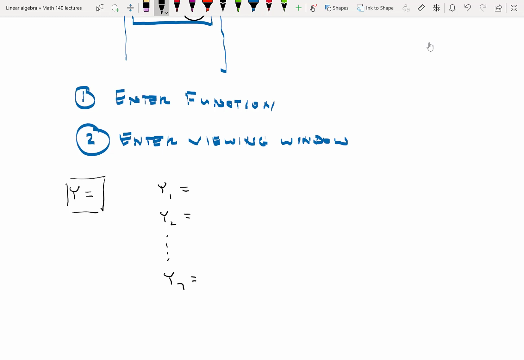So the cursor should be flashing over Y1. You push the sine button, and you need to enter x. There's a button that's recycled for a whole bunch of different variables depending on what application you're using. It's the X,T,theta,n button.